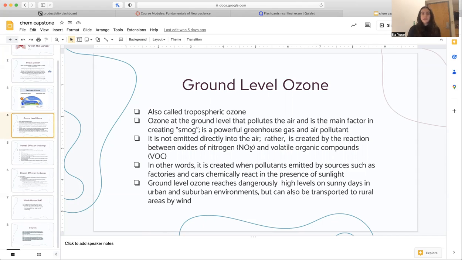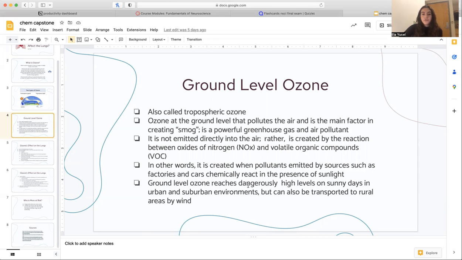In simpler terms, it's created when pollutants emitted by sources such as factories or cars chemically react in the presence of sunlight. So humans do have a lot of responsibility when it comes to ground level ozone, because factories and cars are human made things, and they play a large role in contributing to the level of ozone that we see in the troposphere.